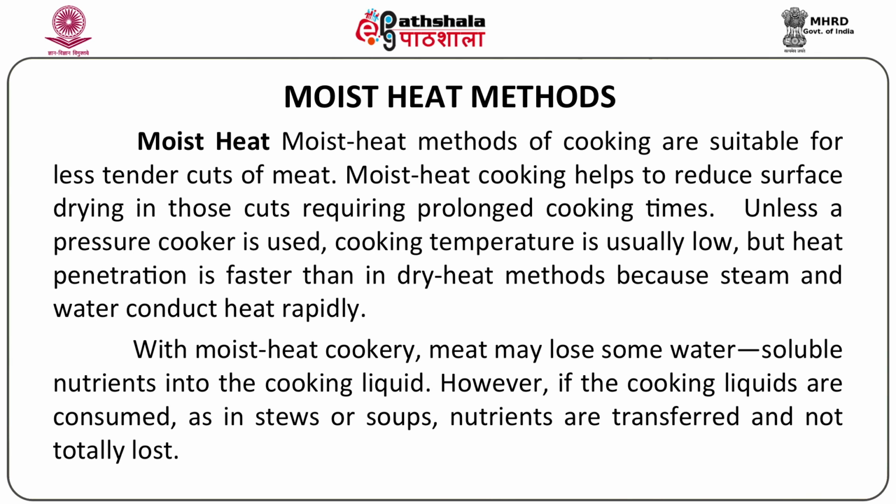In the other methods of moist heat cooking, the temperature is usually maintained at the boiling temperature. In the case of moist heat methods, the heat penetration is very rapid compared with the dry heat methods, because the steam and the water help to conduct heat very rapidly.